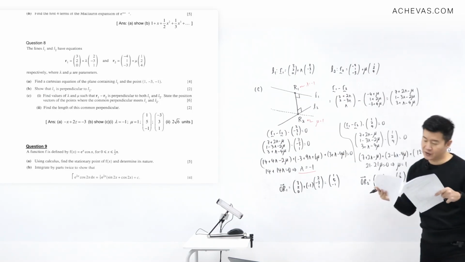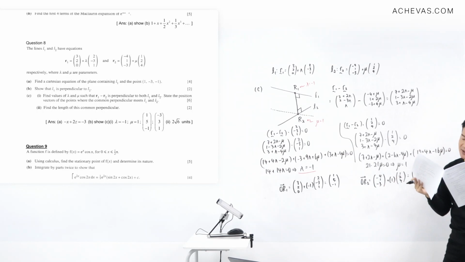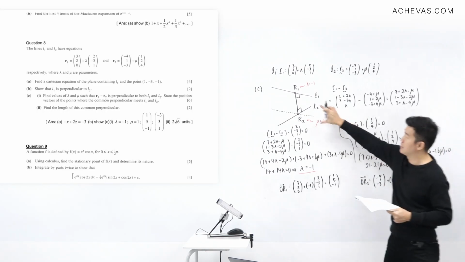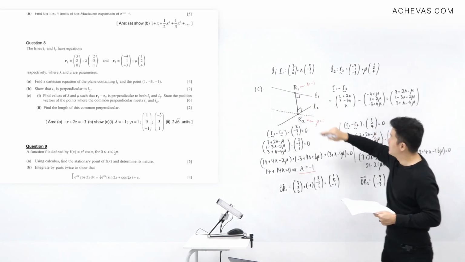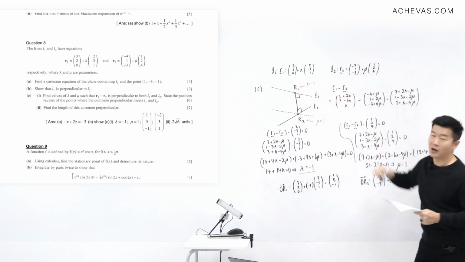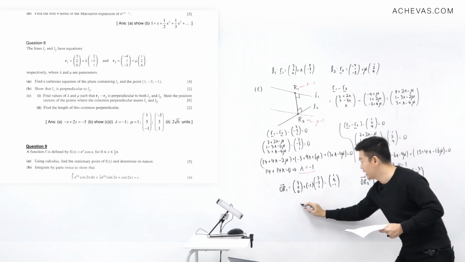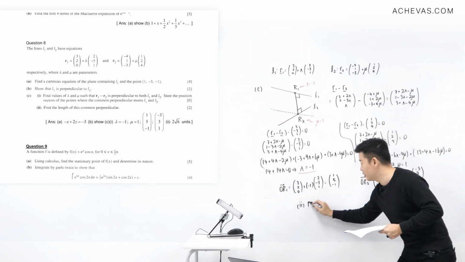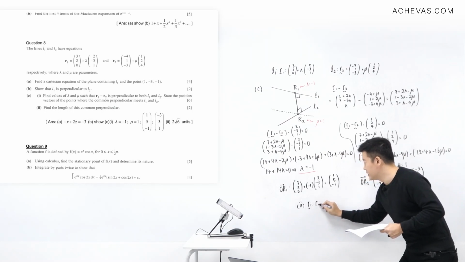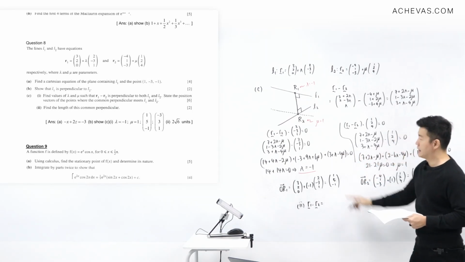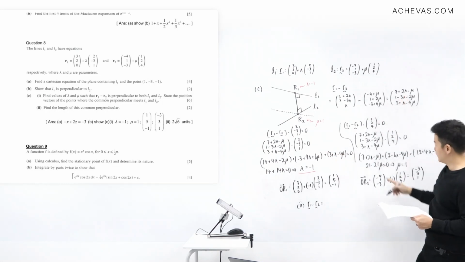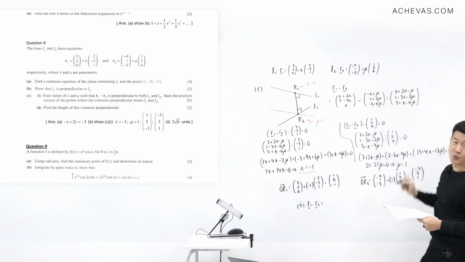And the very last part of the question, C part 2, asks us to find the length of this common perpendicular. It is this. So it is basically going to be the modulus of R1 minus R2. So for the last part of C, let's simplify what R1 minus R2 is when lambda is equal to minus 1 and mu is equal to 1.